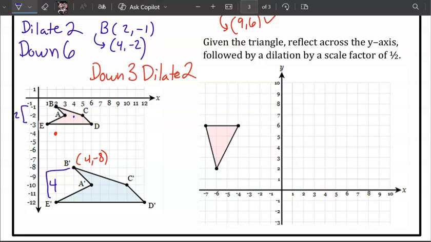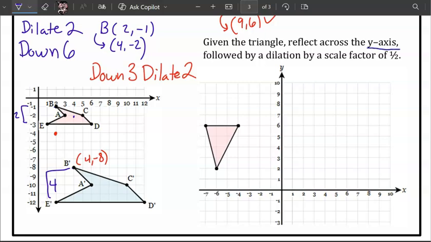On the last one, they give you transformation instructions and they want you to draw it. Given the triangle, reflect across the y-axis, followed by a dilation by a scale factor of 1/2.